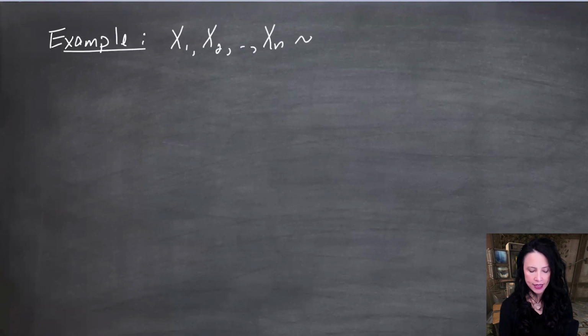Let's take a random sample x1, x2, out through xn, IID, from the exponential distribution with rate lambda.